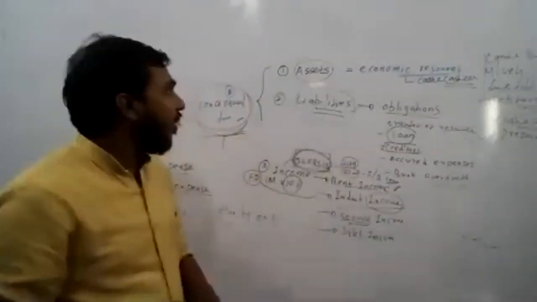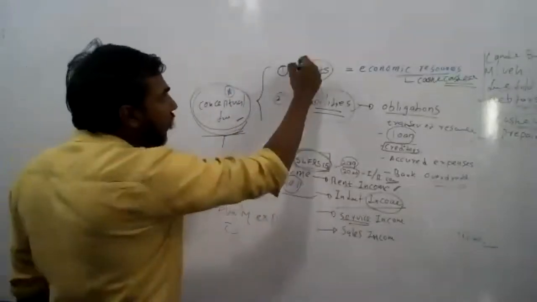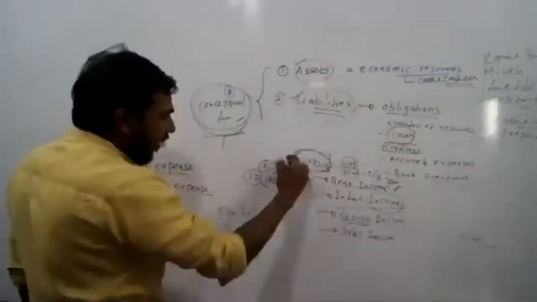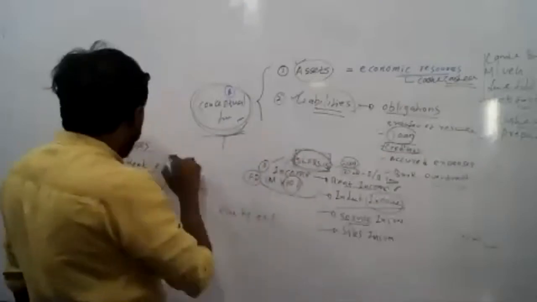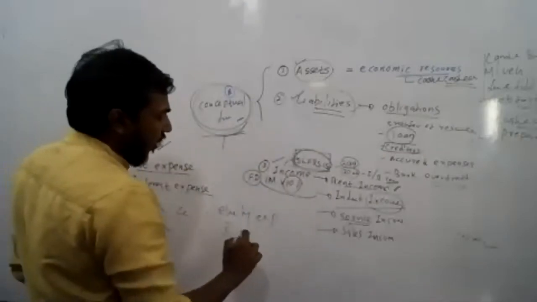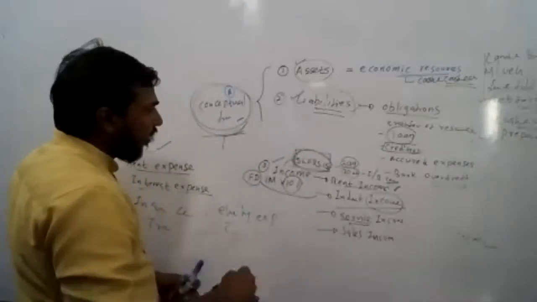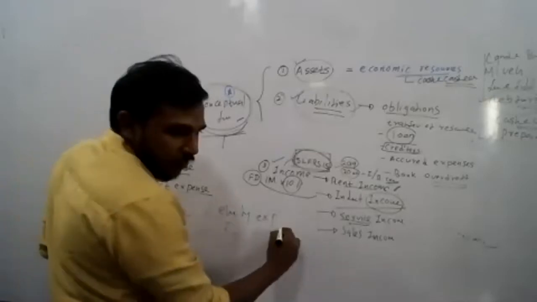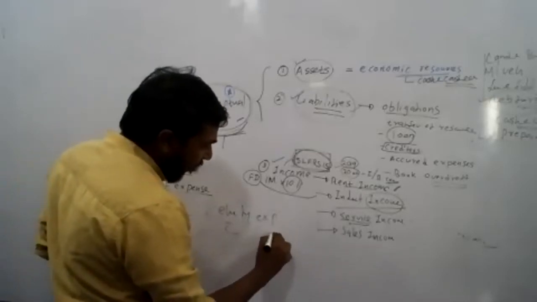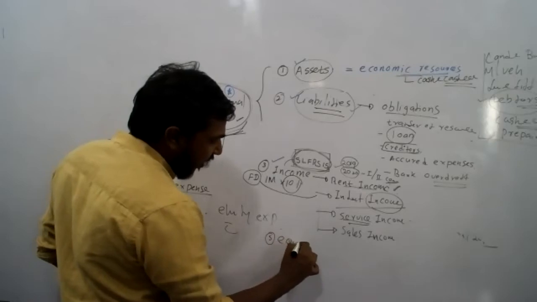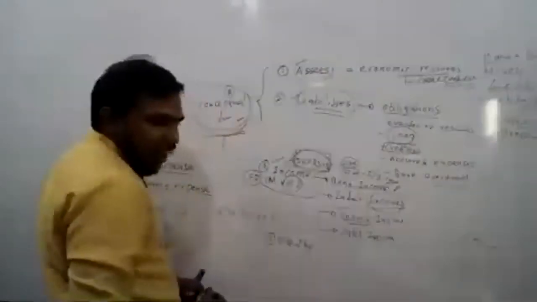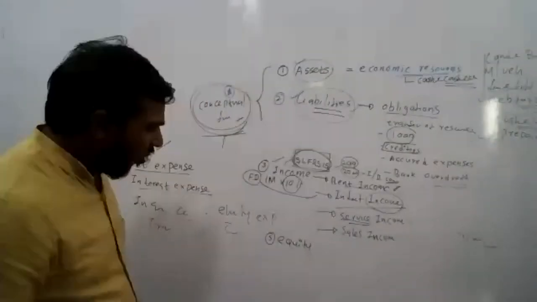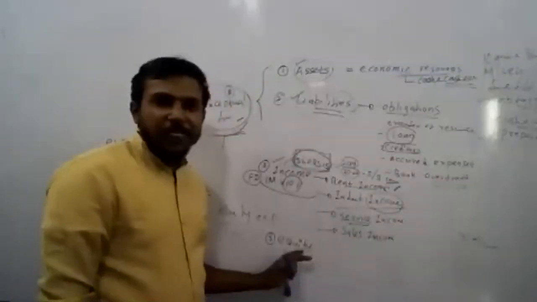So keep it in mind, these are assets, liabilities, income, then the expenses, the last part is equity. The last family member of this family is equity. Keep it in mind, no need to think too much on this equity.